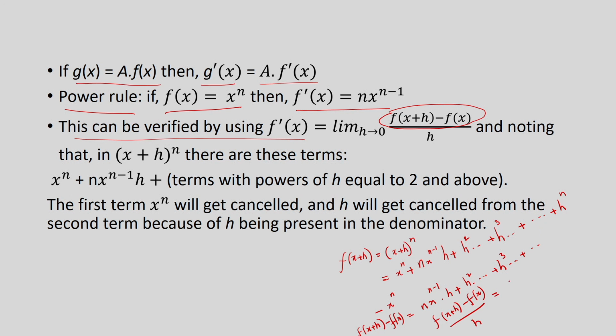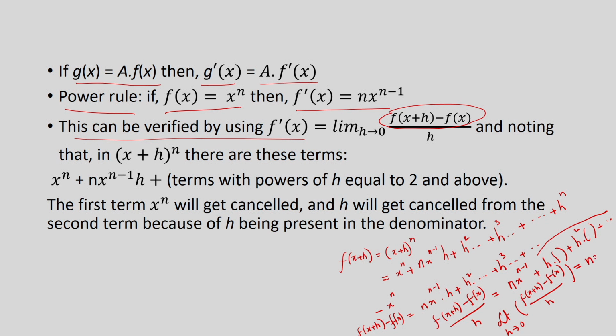Okay. If I divide it by h, then I have x to the power n minus 1 multiplied by n, h will get cancelled, and then I have h multiplied by something plus h square multiplied by something, etcetera. Now, the limit of this will be, the other terms will vanish, all these terms will go to 0.